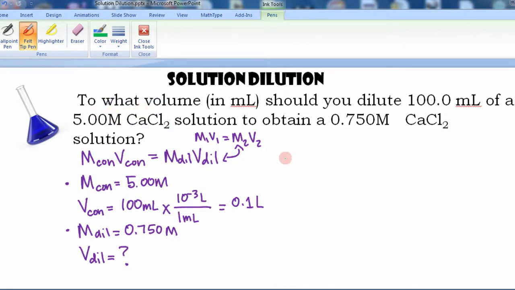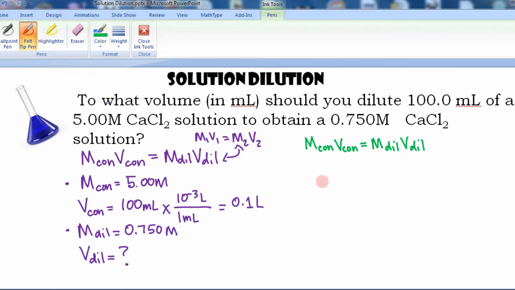So we can come over here and plug in the values that we have. So I'll write this out again. M, the concentrate times the volume of the concentrate is equal to molarity of the dilute times the volume of the dilute.